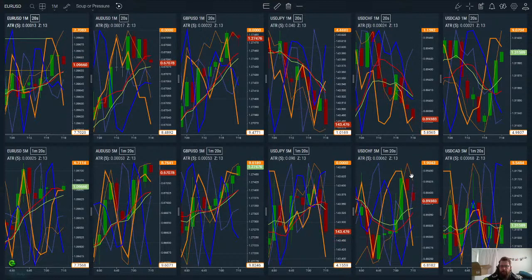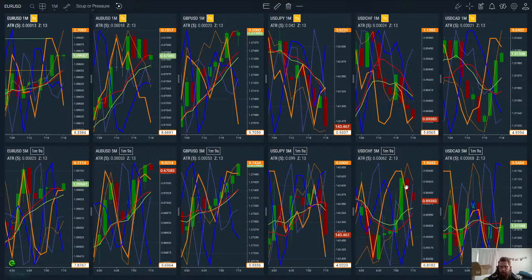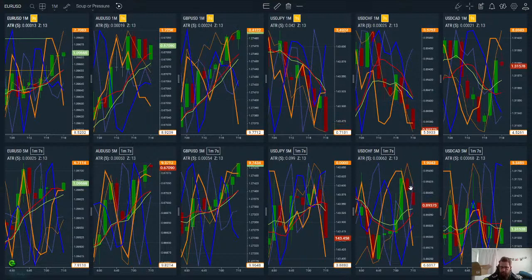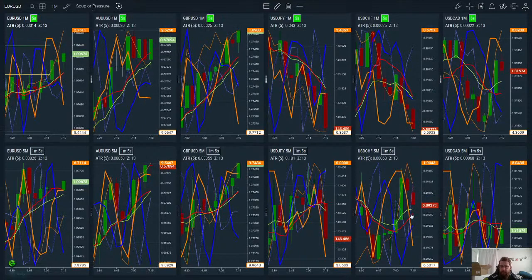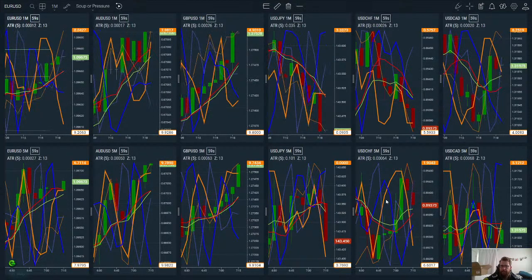It's kind of a general rule: price action likes to go back to pressure, so it could be that this continues to go down, touches this, and then continues back in that direction.